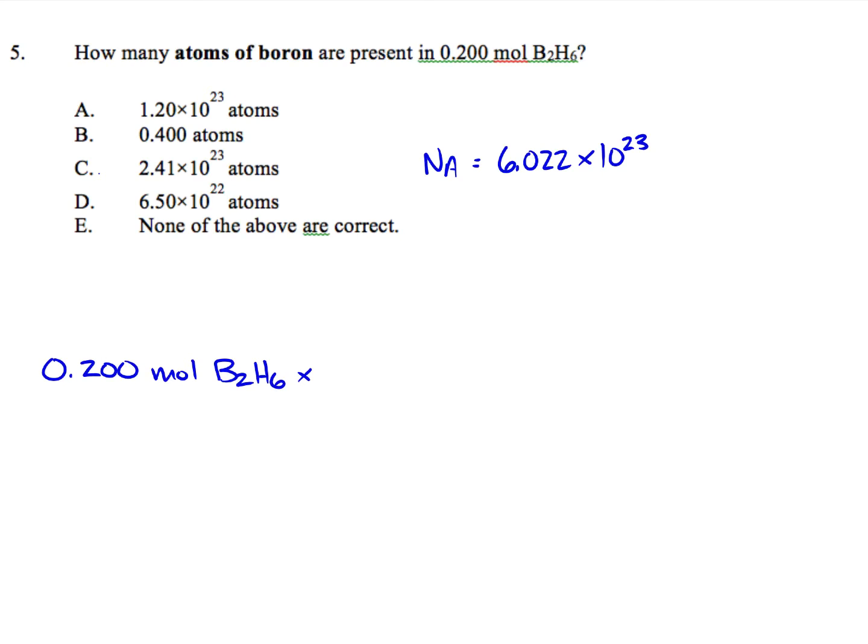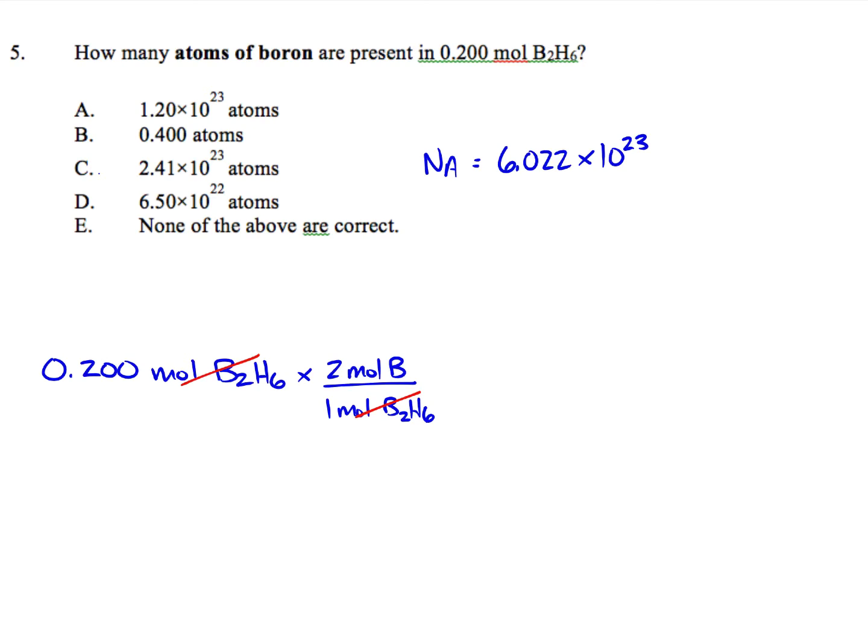And the way we can read this chemical formula B2H6 is that in 1 mole of B2H6, there are 2 moles of boron, hence the B2. So we can cross out the B2H6.